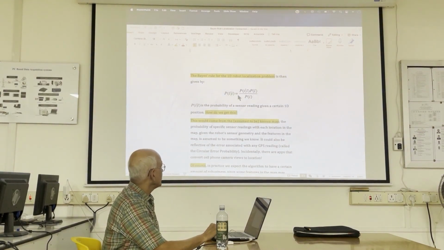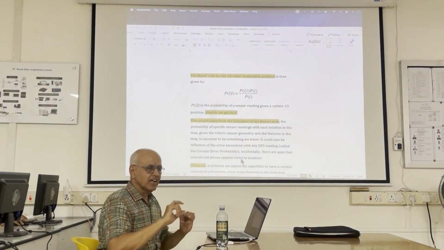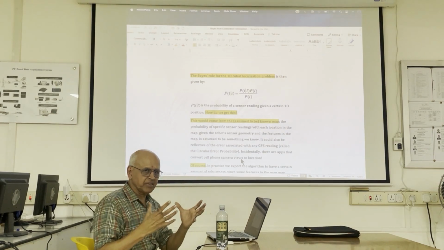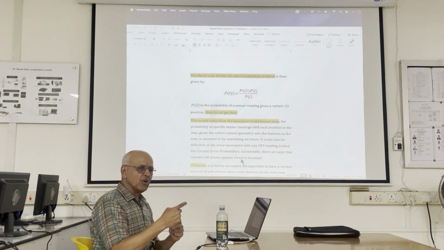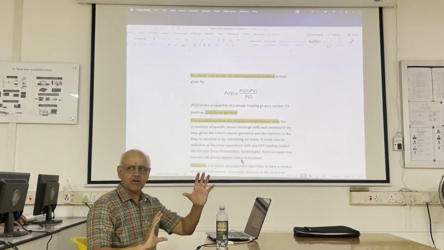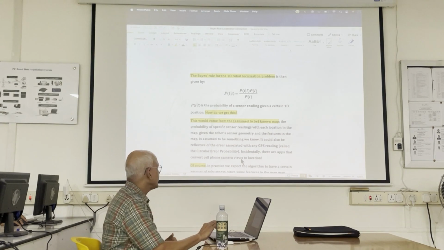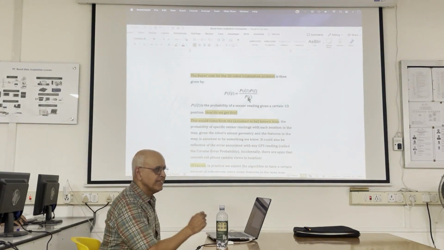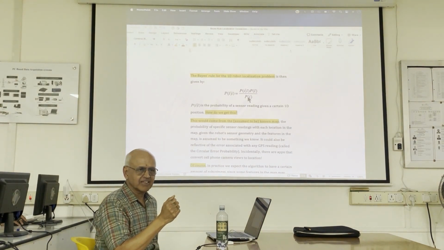So if you first evaluate it without the denominator, then you can sum up all the left-hand sides, because the sum of all possible probabilities on the left-hand side should add up to 1. If you get that number, then you can divide each one of those numbers by that total, and it will become a probability. So you have got away with not having to specifically find the number for capital P of I.